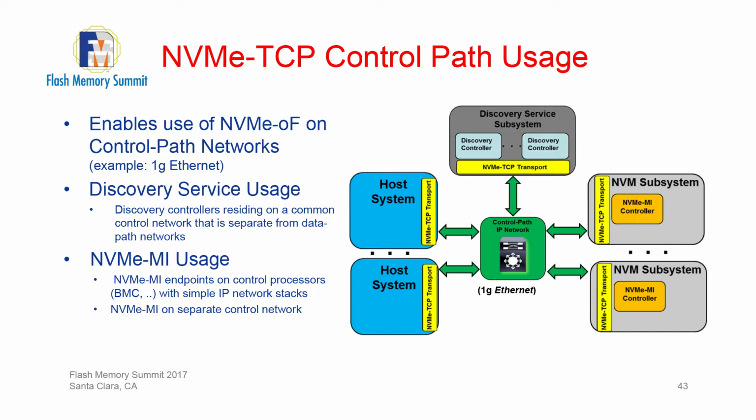This has to do with, say, an endpoint that has a low-powered BMC processor. They're typically not attached to an RDMA NIC, so it wouldn't be doing that for its in-band communication. By enabling NVMe over TCP, we can put that into those styles of processors and get the in-band NVMe management interface model operational.